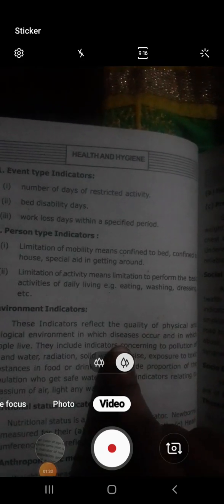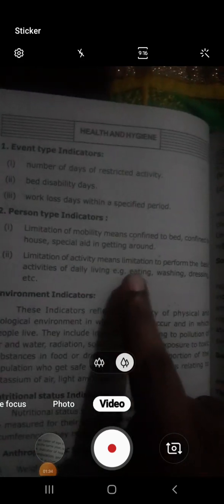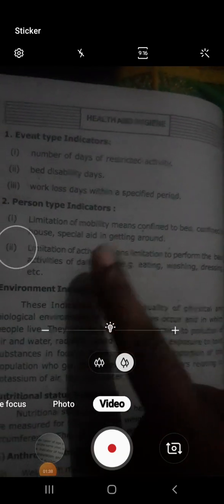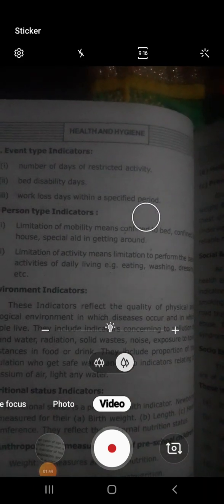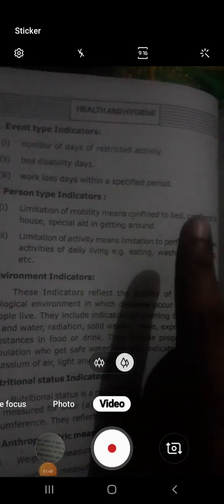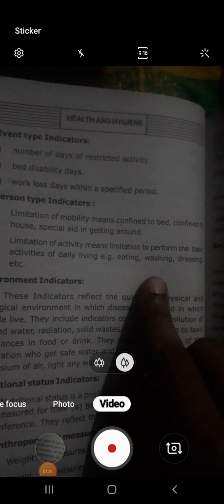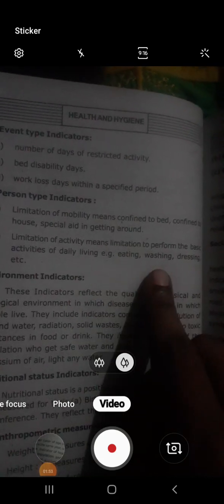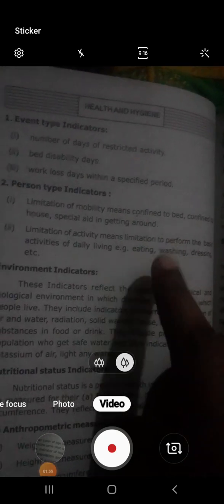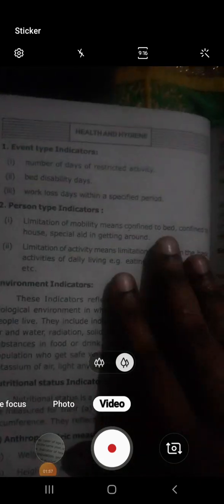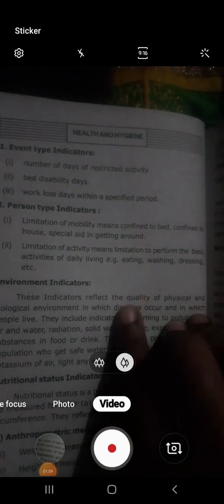Person type indicators are limitation of mobility, confined to bed, confined to house, getting around, and basic activities of daily living like eating, washing, dressing. So this all will indicate the person type and event type indicators.